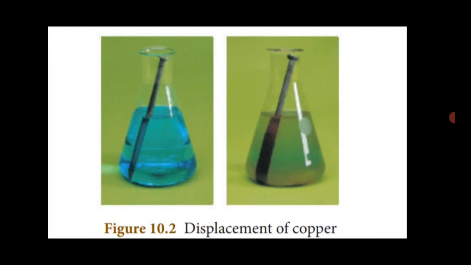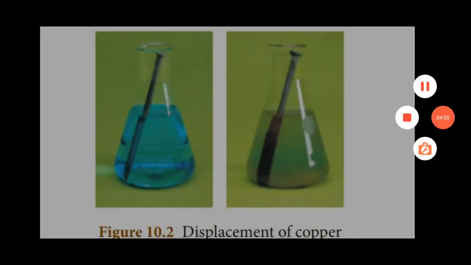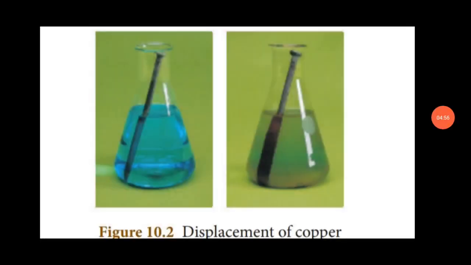Copper sulfate solution is which color? Blue in color. Iron sulfate is which color? Green in color. So iron replaces copper, and the solution changes color.